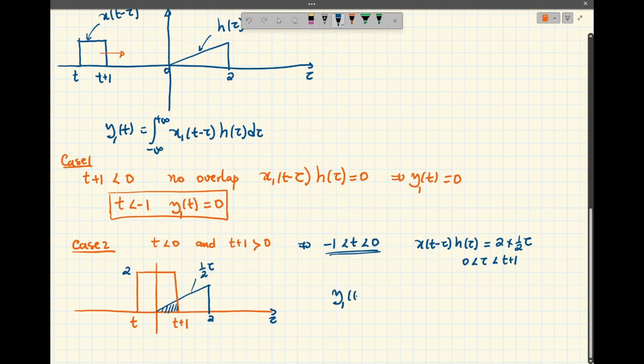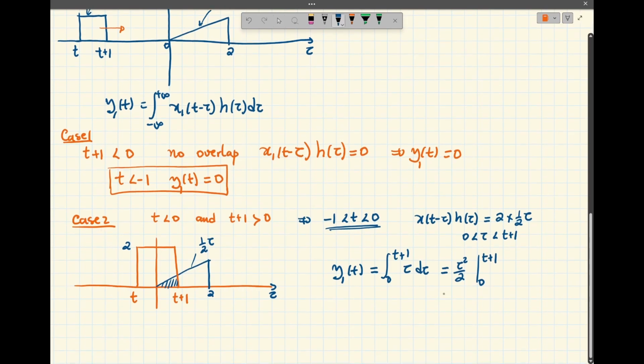So y1 of t for this case is the integral from 0 to t plus 1 of tau d tau. When we integrate, we have tau squared over 2, taken from 0 to t plus 1. That gives me t plus 1 squared over 2 minus 0.